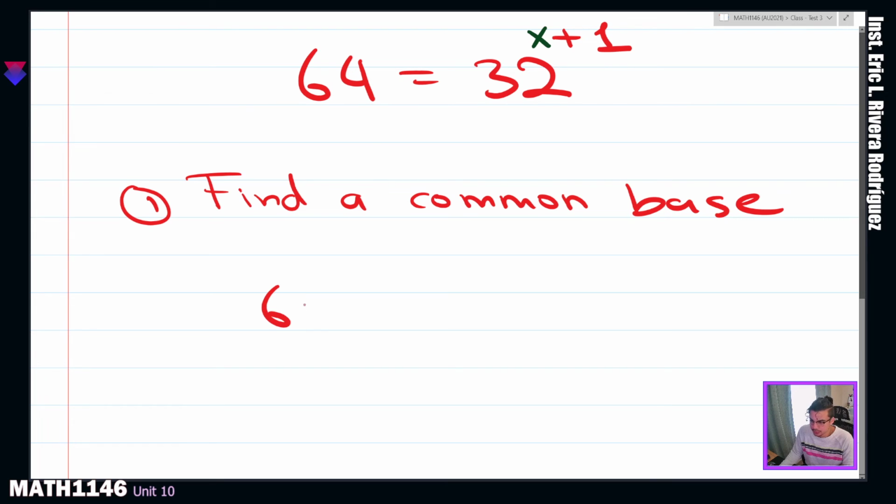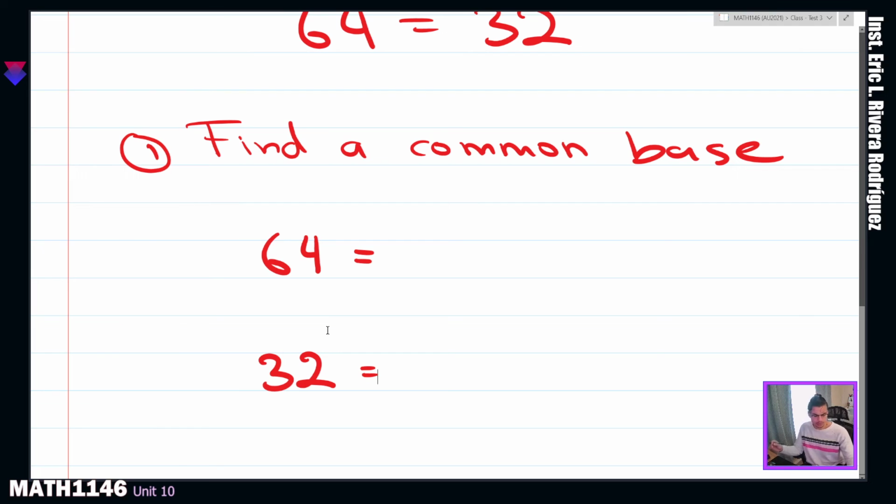How do we do that? So 64 and 32. Let's focus on 64 and 32. Is there anything in common between those two numbers? Can you find something in common between those two numbers?